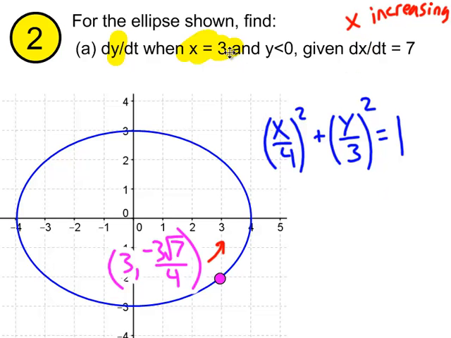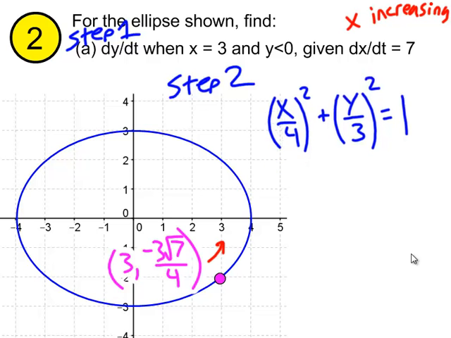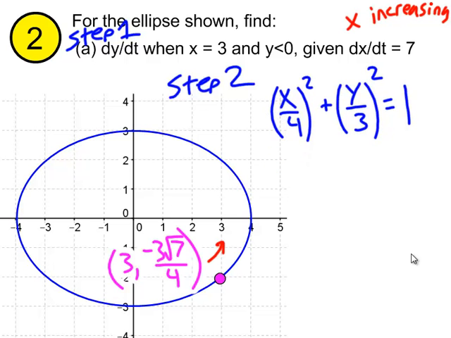and let's again see exactly where we are in the process. Step 1 was provided to us. Step 2 was to write the equation involving x and y, and that's, again, sometimes it'll be given to you, sometimes you'll need to figure it out on your own. Let's see what step 3 is.